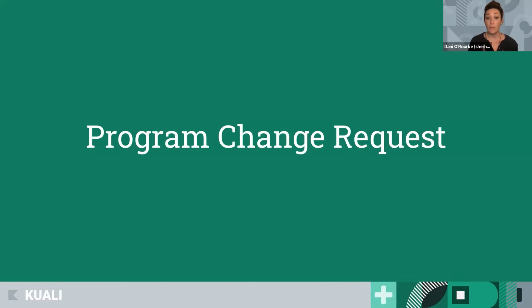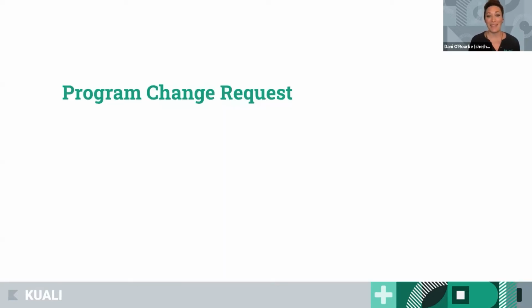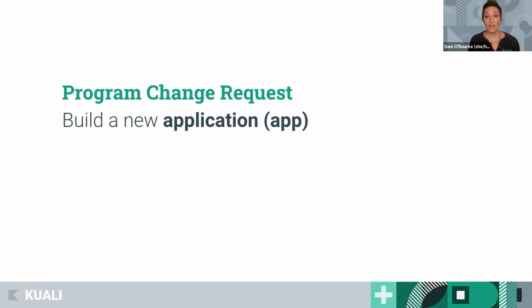To talk about a very specific example, we're going to focus today on the program change request. To build on the program change request example as a form used in your registrar's office, I'd like to give an outline of how this form comes into existence with Kuali Build. One thing to note, since we're using an example that would include student data, Kuali Build enables you to meet FERPA compliance. So, a program change request. The first thing you would do is build a new application.